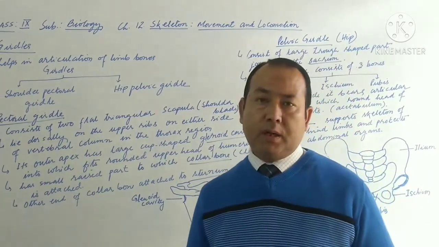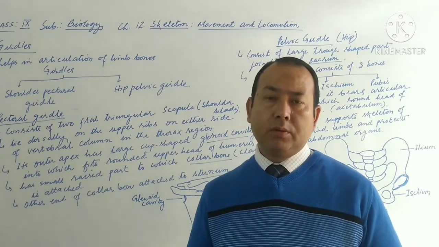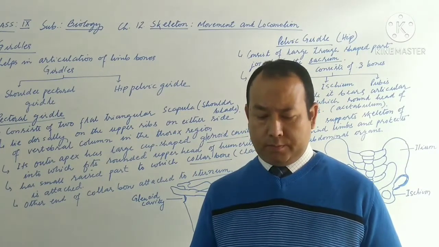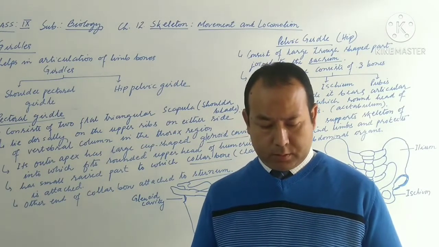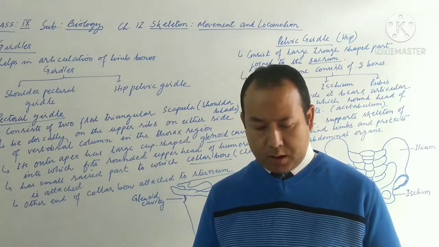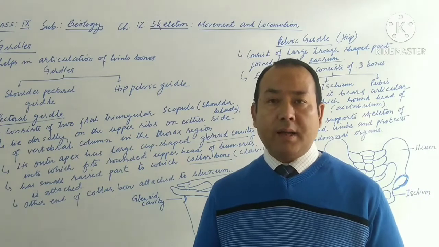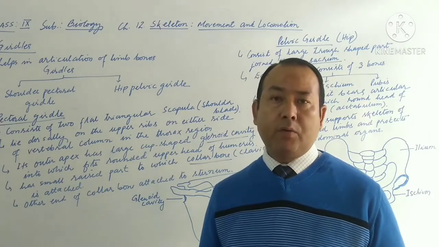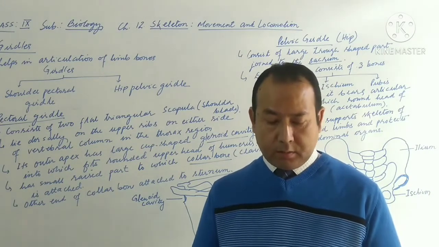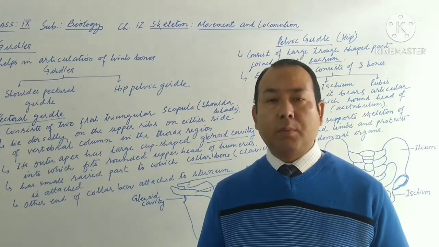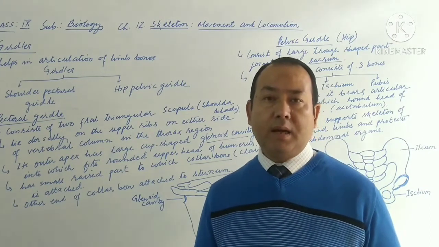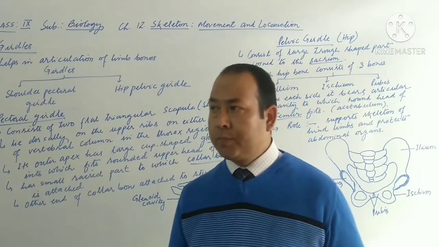So far in this chapter, we learned about the ribs, about the vertebral column, that is axial skeleton, and then after that we started appendicular skeleton, where we have learned about the bones of limbs, that is hind limbs and forelimbs.